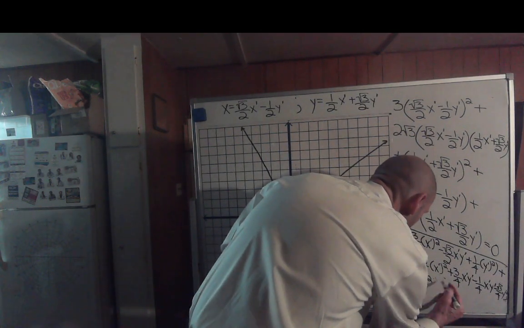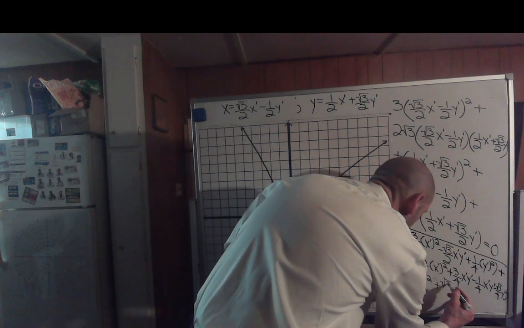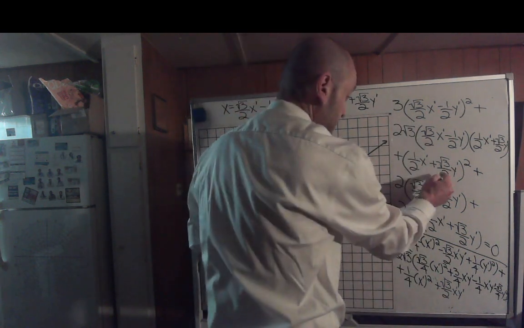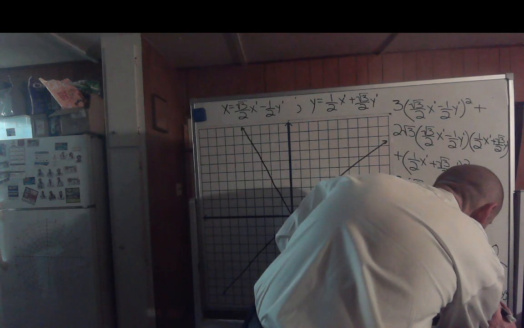I would get square root of 3 over 4 times 2. That'd be plus square root of 3 over 2 x prime y prime. Then I square the last term. I would end up getting plus 3/4 y prime squared.